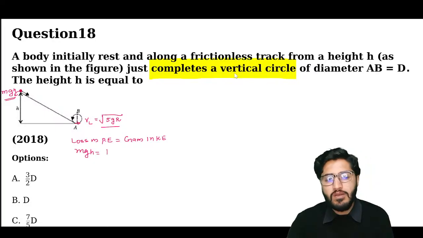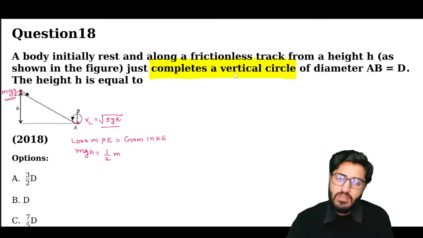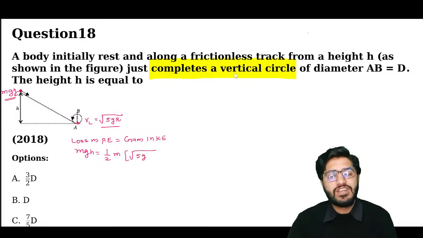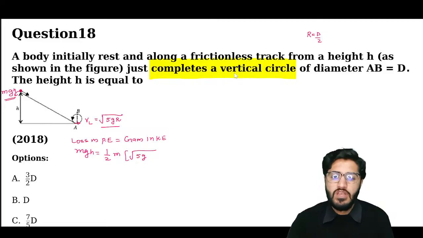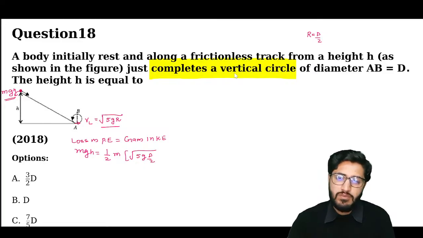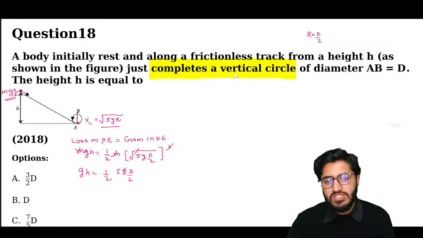Gain in kinetic energy would be 1 by 2 mv square. What is v? v is equal to under root of 5 gr. What is r? Radius is equal to diameter by 2, so I can write d by 2 here, because d is given to me. Cancel out, so gh is equal to 1 by 2 times 5 g d by 2. g cancels out.